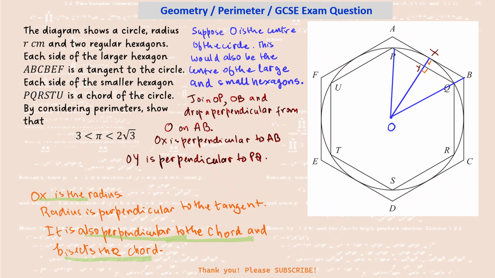I don't think we are using the fact that it bisects the chord, but I thought it would be nice to write it down. So this explains why I drew these lines on the radii.